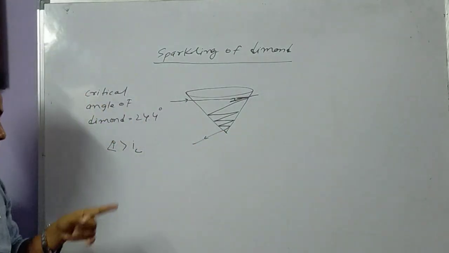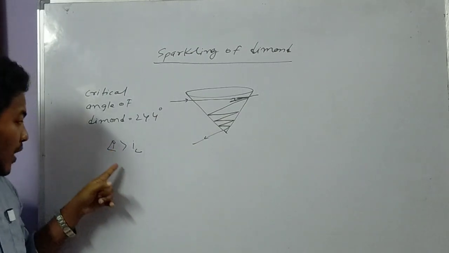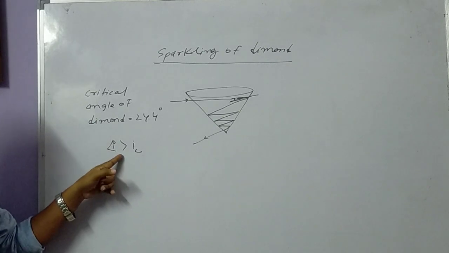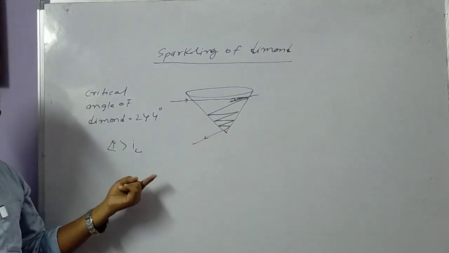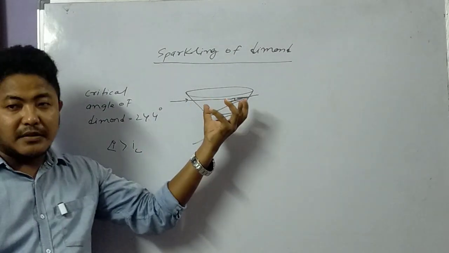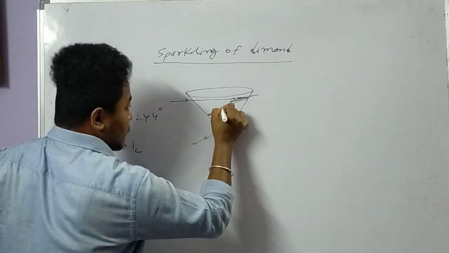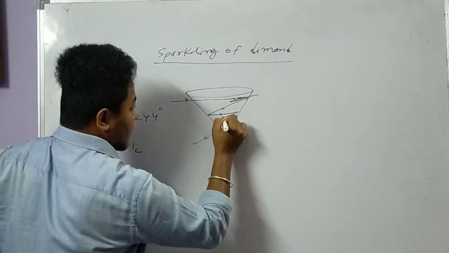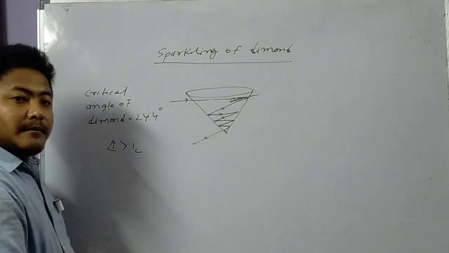But at a certain time, the angle of incidence becomes less than the critical angle. Once that happens, this particular ray refracts. Am I clear? And then only you can see the bright sparkling of diamond. This happens due to total internal reflection. Have you got this?